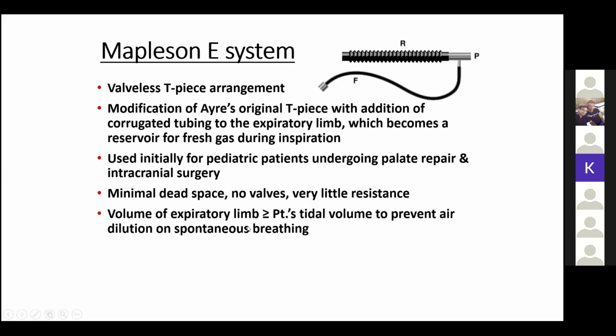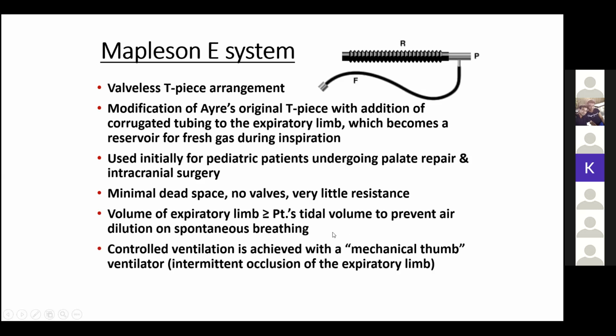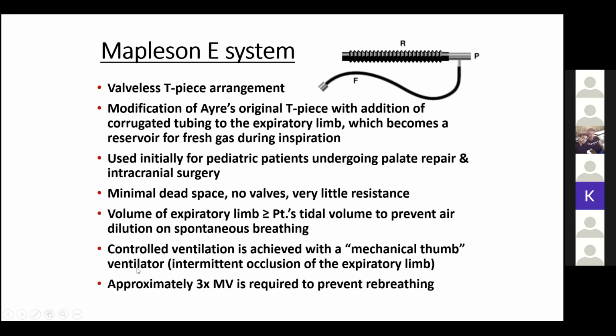Volume of expiratory limb more than patient's tidal volume to prevent air dilution on spontaneous breathing. Controlled ventilation is achieved with a mechanical thumb ventilator or intermittent occlusion of the expiratory limb. Now here you may either avoid totally the expiratory limb or you may keep it lesser than the patient's tidal volume. Approximately 3 times the minute volume is required to prevent rebreathing.